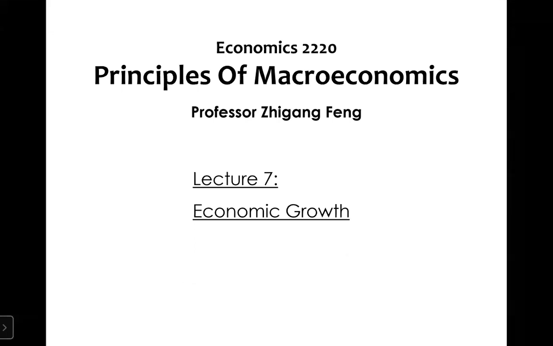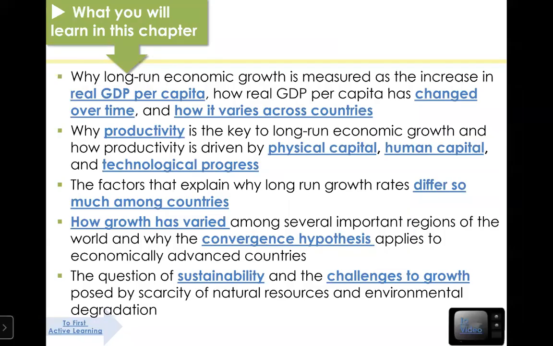Okay, so what we're going to do in this chapter. Here's a roadmap of this chapter. So essentially, we are trying to understand what long-run economic growth means, and where long-run economic growth comes from, like the factors that explain why we observe long-run growth rates, and why the long-run growth rate may differ across countries or across regions, right?